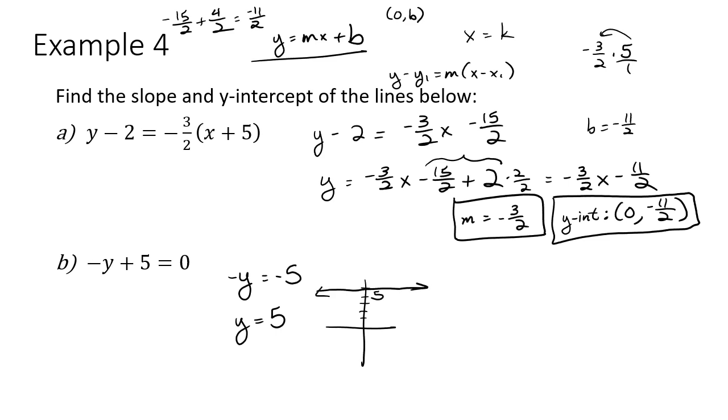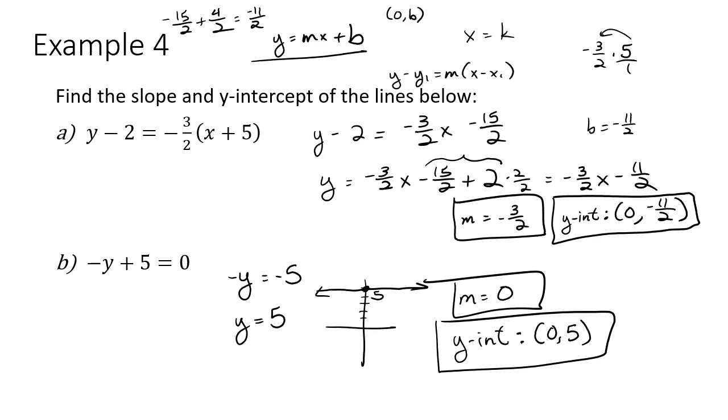You've got a horizontal line at a y value of 5. You should know what the slope of a horizontal line is equal to. M is equal to 0 in this case. And the y-intercept would be (0, 5).